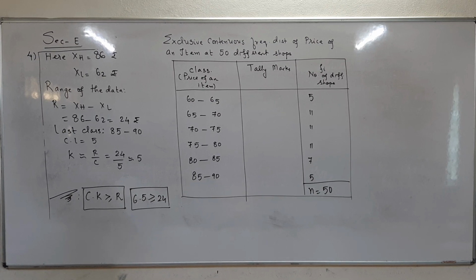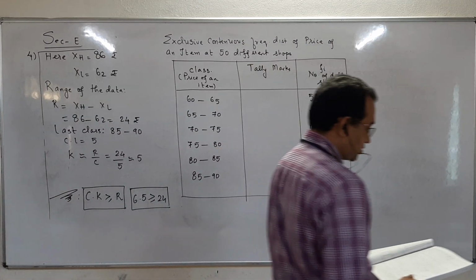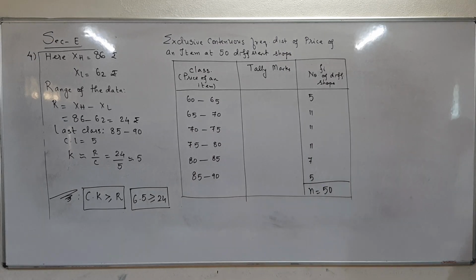The sixth sum is obtain an inclusive continuous frequency distribution from the following data, and the seventh sum is obtain an exclusive continuous frequency distribution from the following data. So we are coming back to exercise 2.1, sum number 6 and sum number 7.